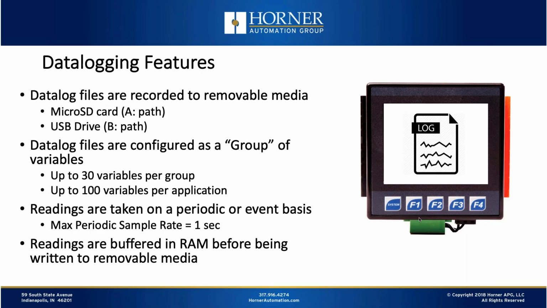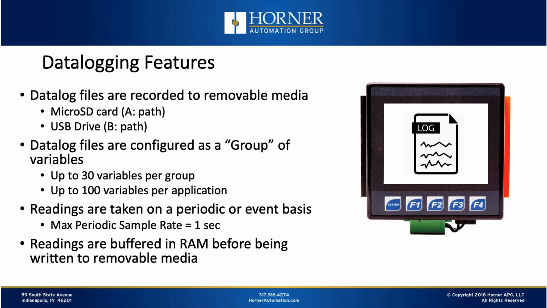But again, you can have multiple groups just as long as you don't run up to either of those two limits. When you configure each group, you configure how often you do a data log. Is it going to be based on a time period, which you can set as fast as every second, or on an event basis, where you're looking for a bit type variable to trigger?